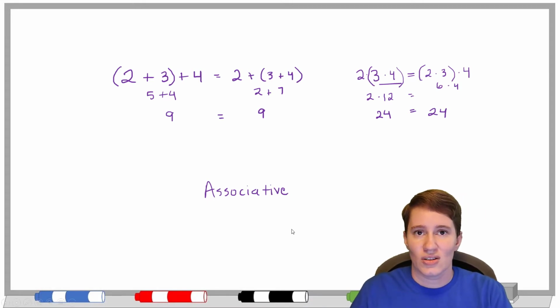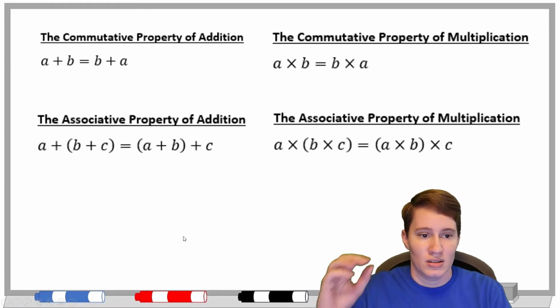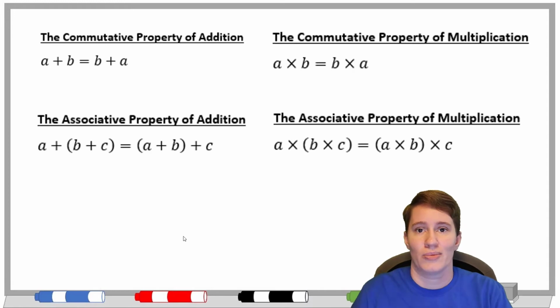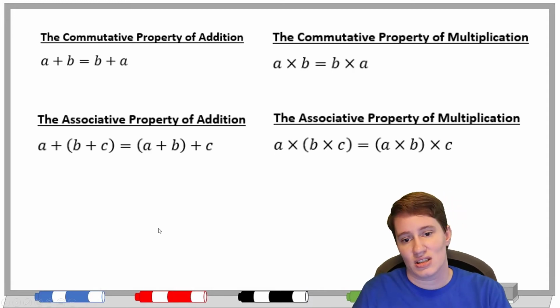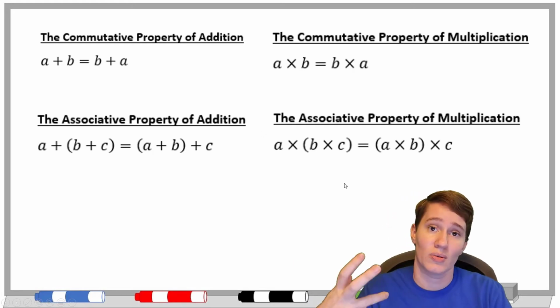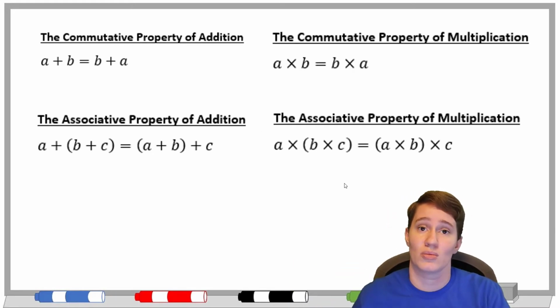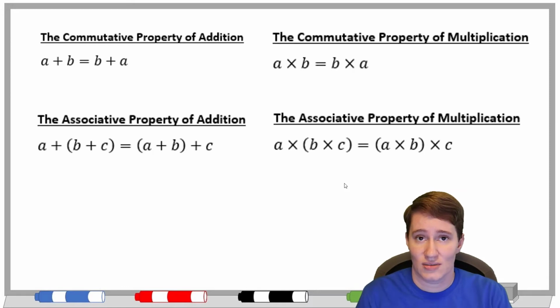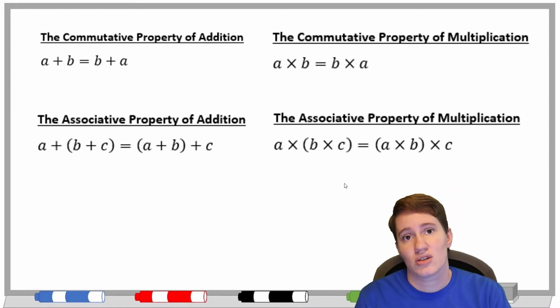So let's look at these more formally written. So here we go. The commutative property of addition, the commutative property of multiplication, the associative property of addition, and the associative property of multiplication. Typically what we'll do in math, and you'll see this more and more from here on out, is when we want to write a general rule, we'll use letters instead of numbers, because we just used an example of like 2 plus 3 and 3 plus 2.